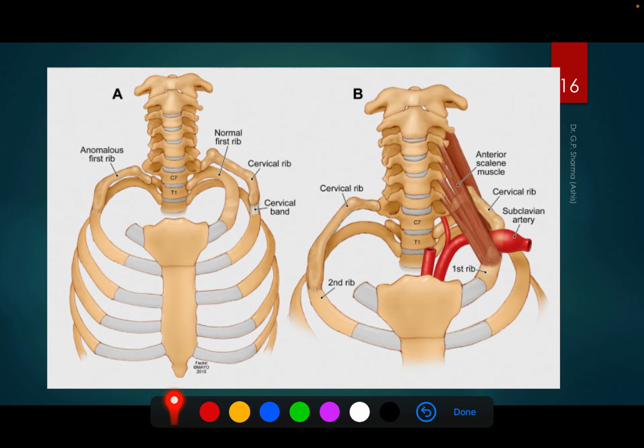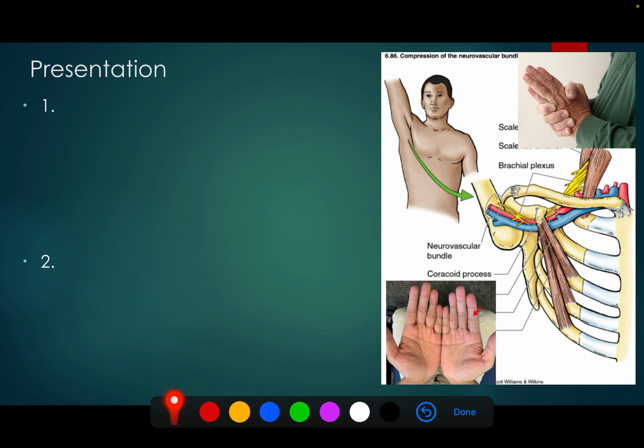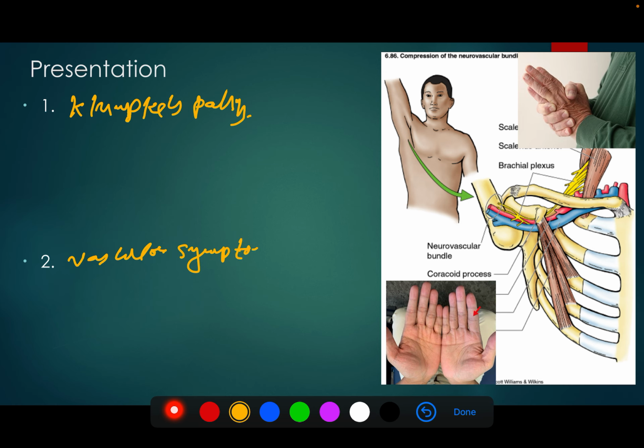Because of these ribs, you can see here we have an extra rib over here. It can compress the blood vessel and then it produces the aneurysm, the defect here, okay? So what's the presentation? One, it produces Klumpke's palsy. Another, it produces the vascular symptoms. Klumpke's palsy means we know already. That means what? The claw hand, right?